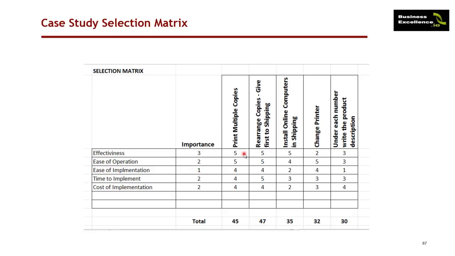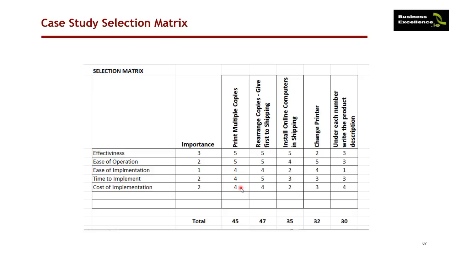Well, how effective would that be? So on a scale of 1 to 5, it would be very effective because each person is actually getting an original copy. How easy would it be to implement? Well, it would be very easy because we would just print 5 copies. Time to implement, we would give it a 4. Cost to implement, we would give it a 4 as well.